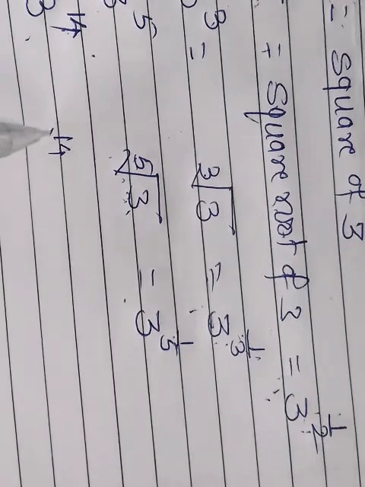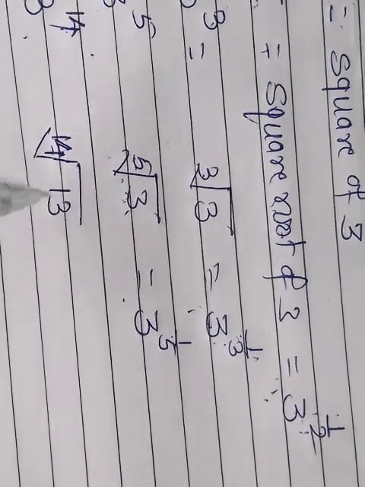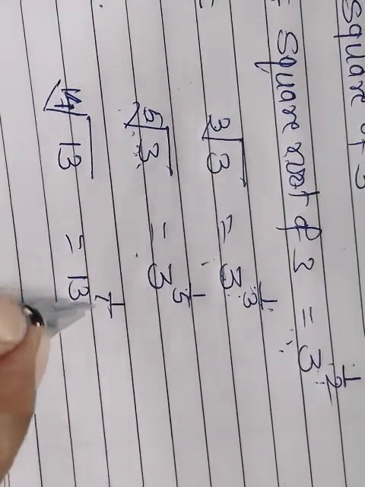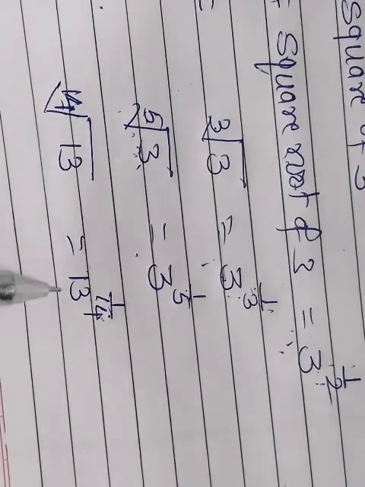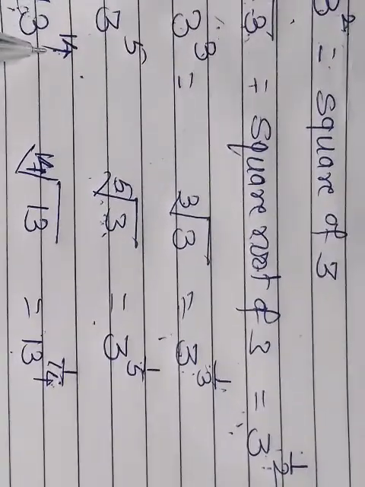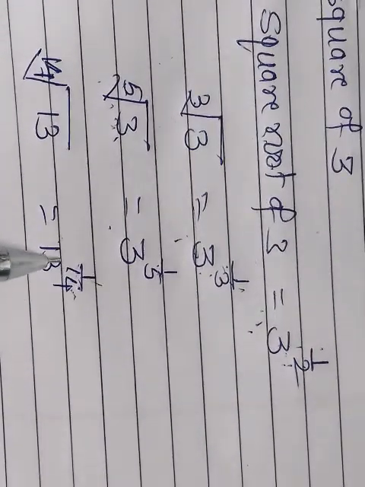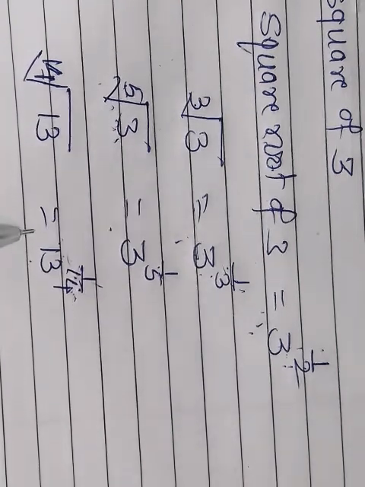And if I want the 14th root of 13 in index form, how can I write it? It is 1 upon 14. This is the 14th power of 13, but when it becomes 1 upon 14, it is called the 14th root of 13.